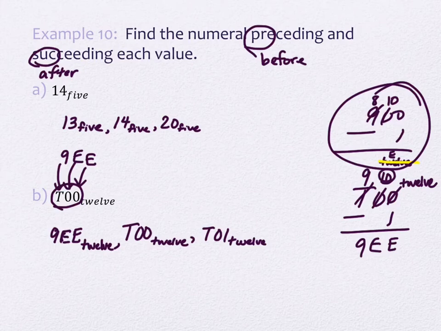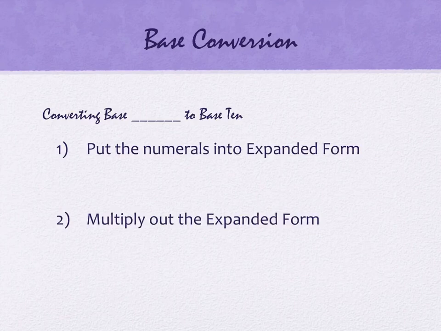All right, what we're going to do next, instead of looking at numbers before and afterwards, is actually learning to convert numbers between systems. So the first way in which we're going to do this is to convert whatever the base is. There's a blank here on purpose. We're not filling in the blank. Converting base blank into base 10. And the way that we do that is that we put the numerals into expanded form.